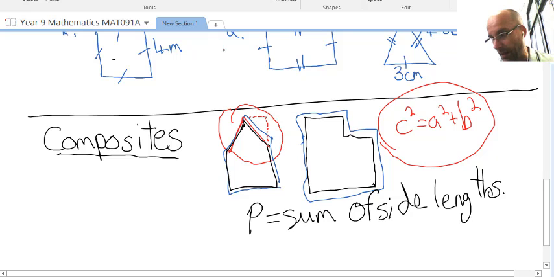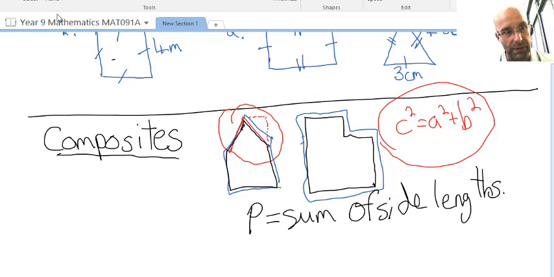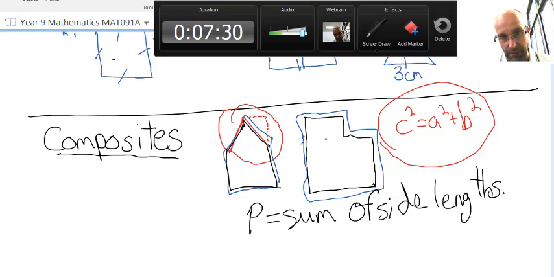So we might see a little bit of that in the harder questions. But basically that's perimeter, and now once you've watched this video, understood it and done those three questions, you're ready for the next lesson. Thank you.